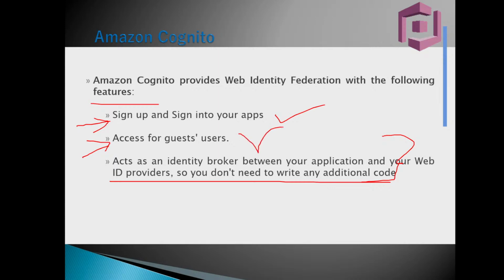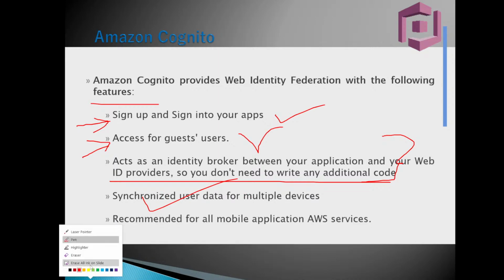Create a temporary user: on Netflix and Hotstar, you are granted a temporary guest user with limited access. You have to sign up or sign in to their application. You can even log in from your Google account to these websites. That is called a web identity broker.